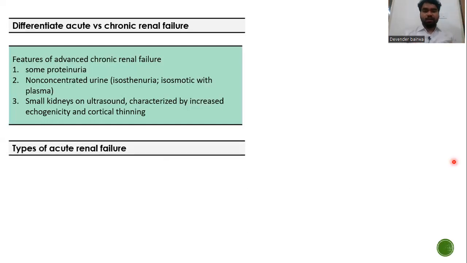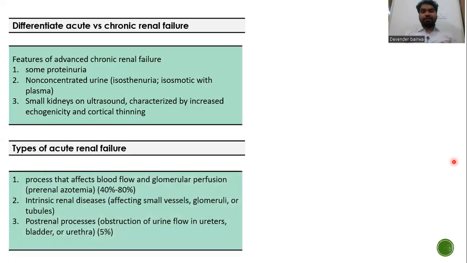So if we see these types of acute renal failure, they can be either pre-renal because of poor perfusion of kidneys, intrinsic renal disease because of either prolonged ischemia or toxic injury to the nephrons, or there can be a post-renal process. Out of these three, pre-renal failure is the most common. Post-renal process is least common but very easily diagnosed.